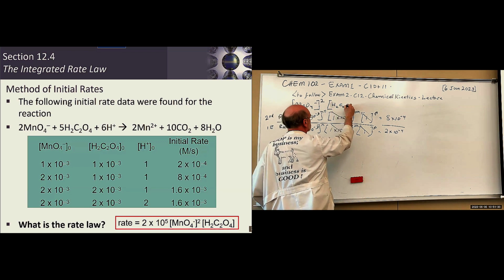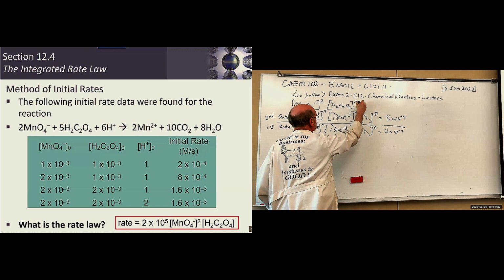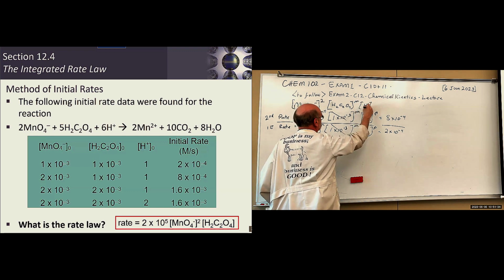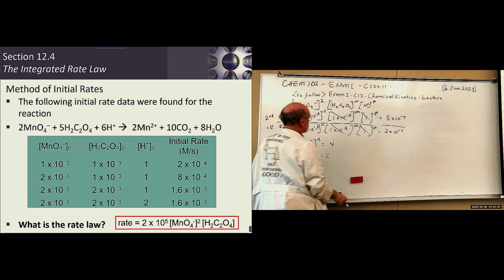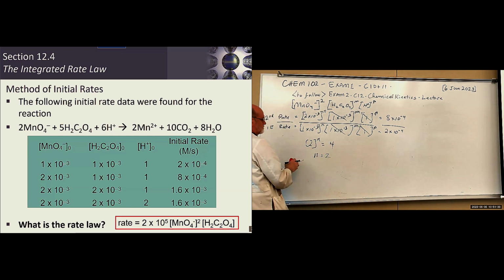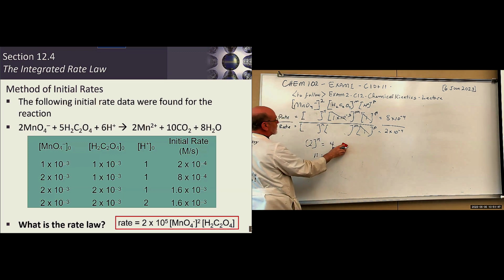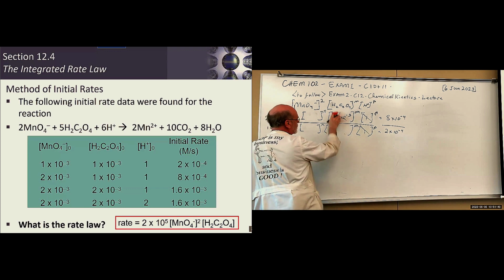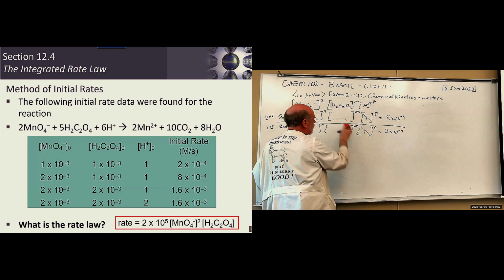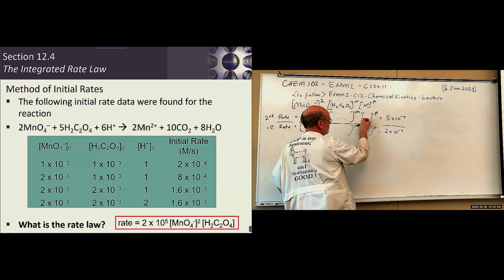Let's do C2O4. We haven't done that one yet. But we do the same thing for each one. Just pick the experiments where you can hold all constant except for 1.